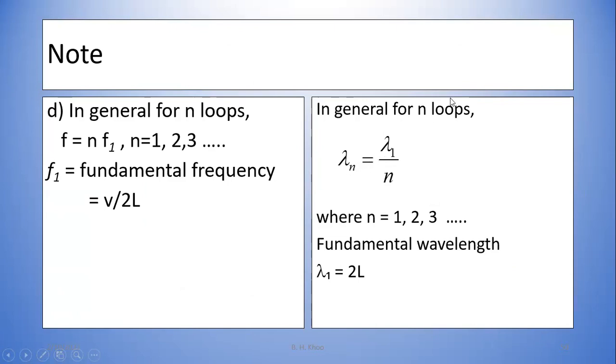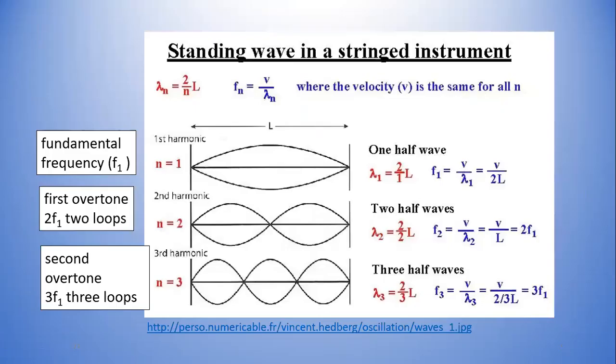Lambda n, for n loops: here you just divide, lambda 1 divided by n, and lambda 1 is 2L. Or we just combine all of them together and summarize it.